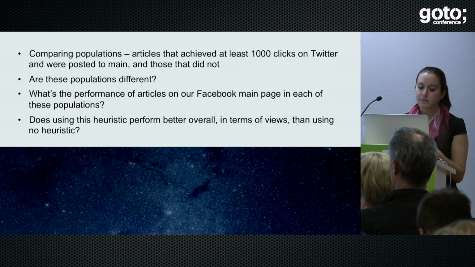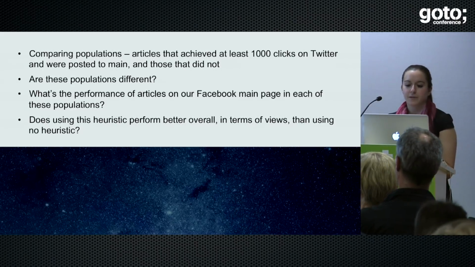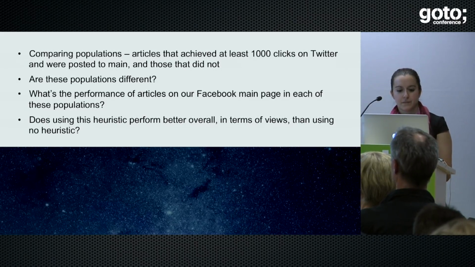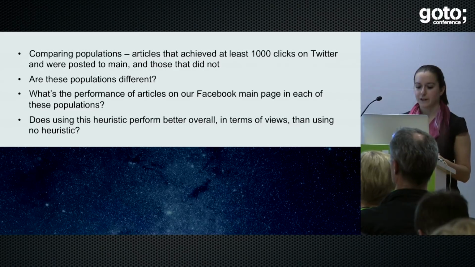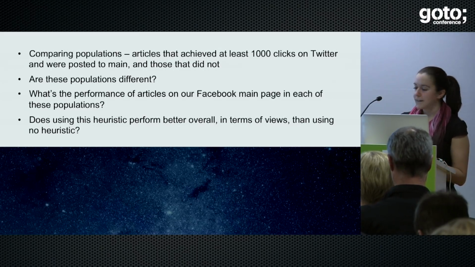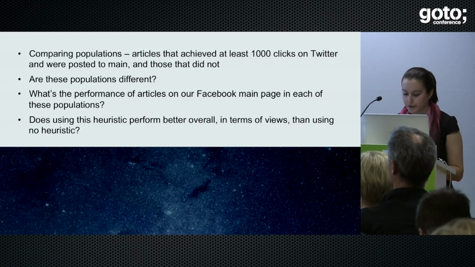We want to know if these populations are different, what the performance of articles on our Facebook main page is in each population, and whether using this heuristic performs better overall in terms of views than using no heuristic. Remember, the overall goal is to get as many views as possible when posting to Facebook, so we're trying to figure out whether this heuristic helps us achieve that goal.